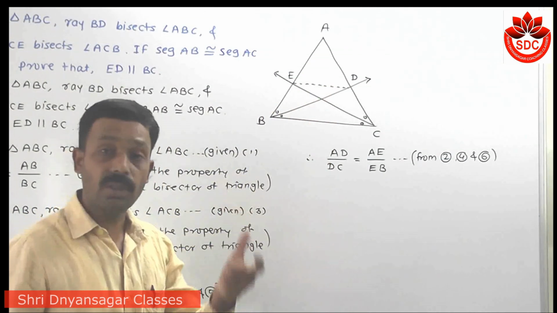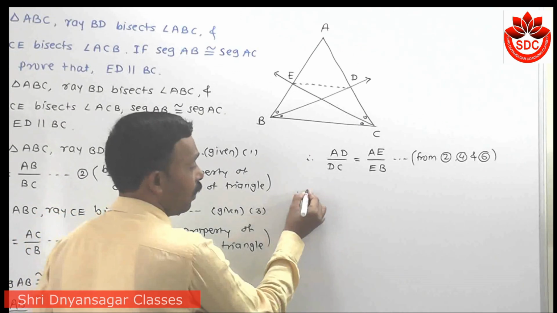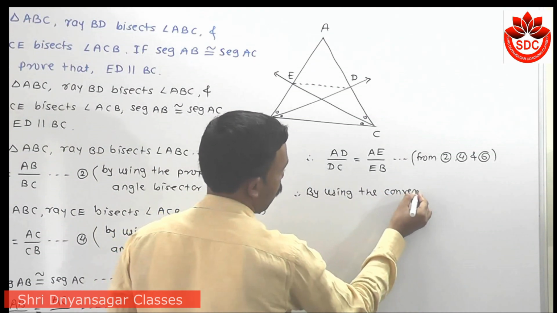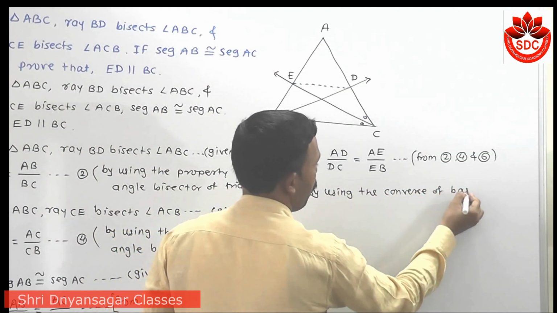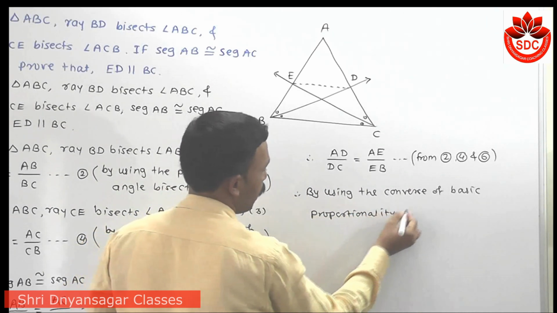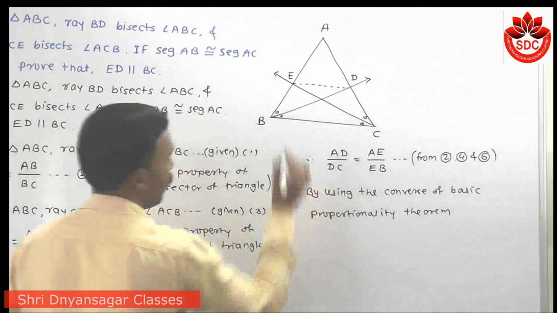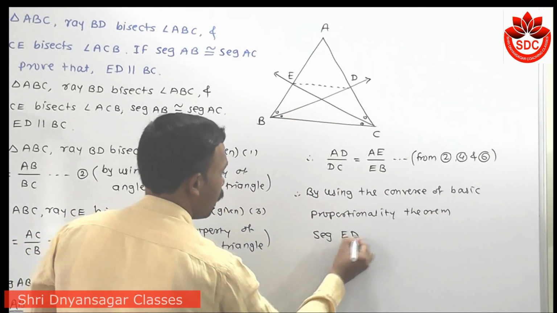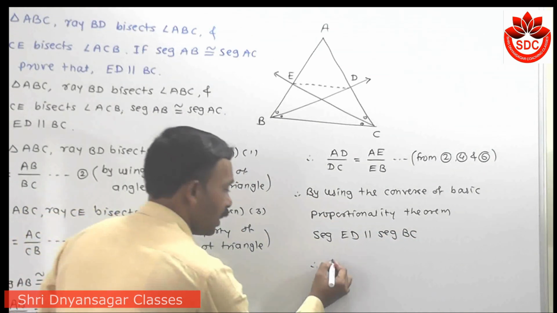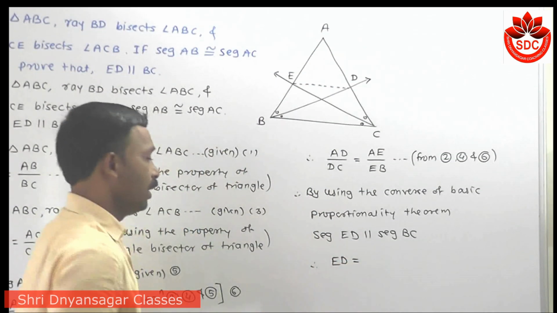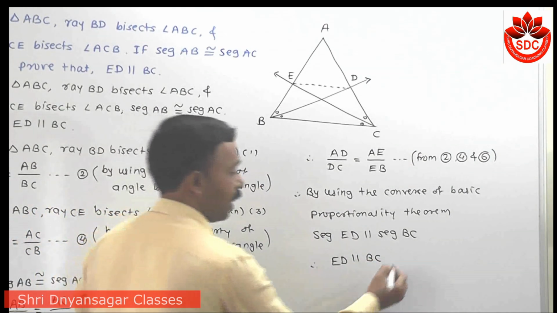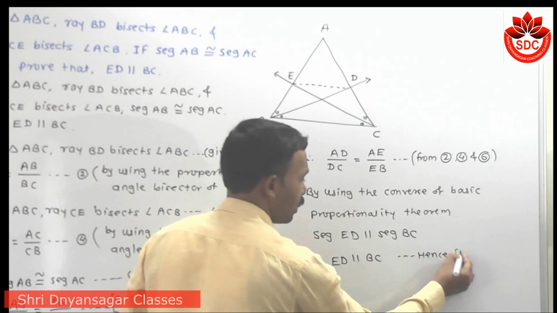This is the converse of the basic proportionality theorem. Therefore, by using the converse of the basic proportionality theorem, segment ED is parallel with segment BC, and student, hence it is proved.